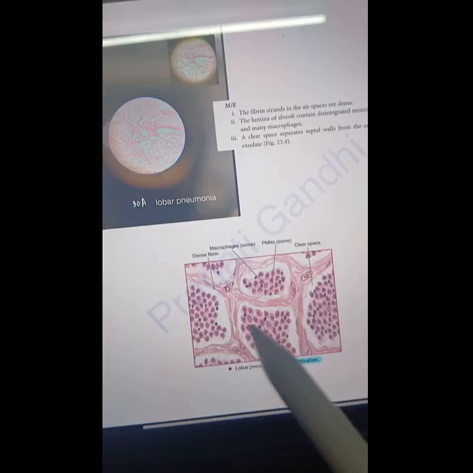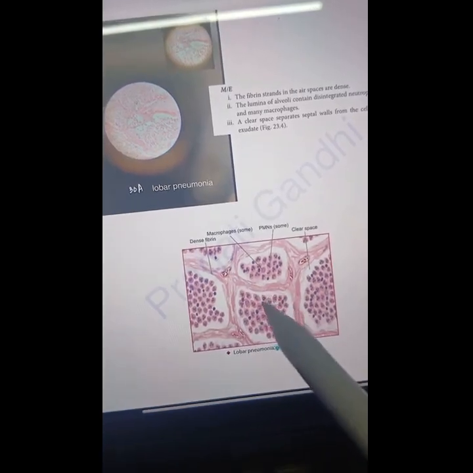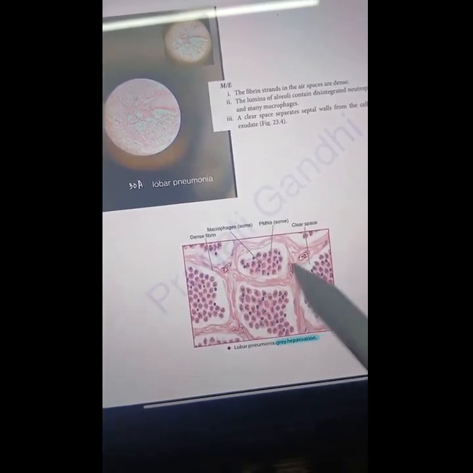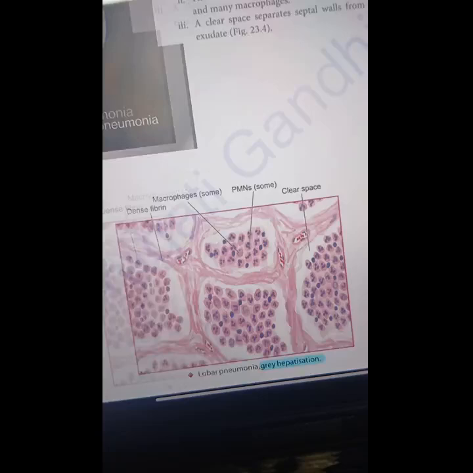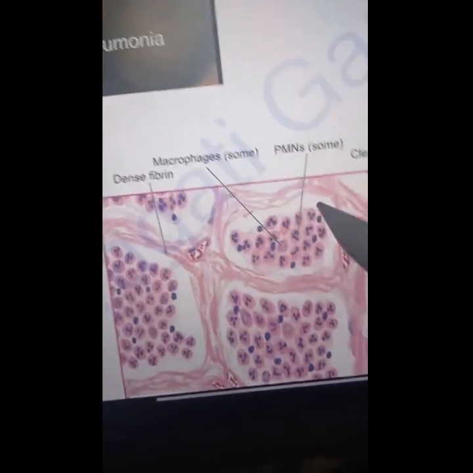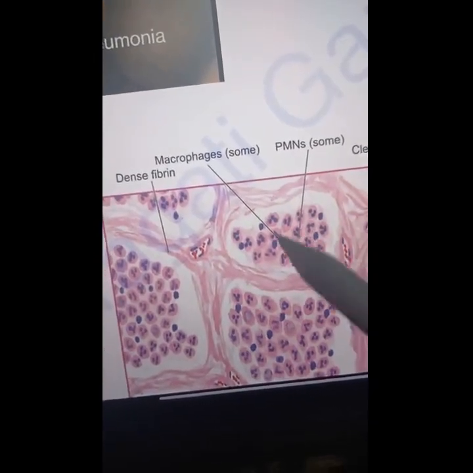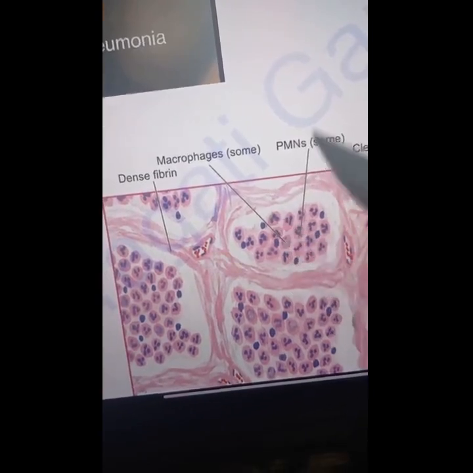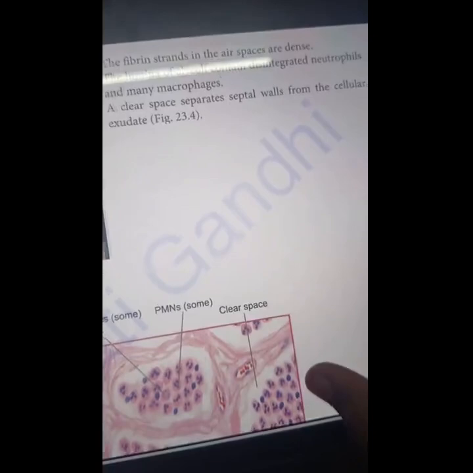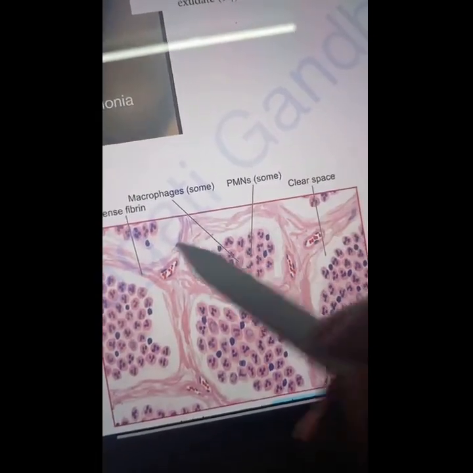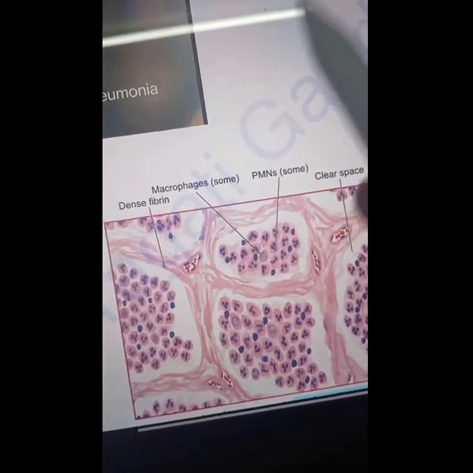You can see over here a clear space between the cells and the fibrin strand. Macrophages are present, then you will see some polymorphonuclear cells, macrophages, and lymphocytes. We see a clear space between the septal wall and the cellular exudate.